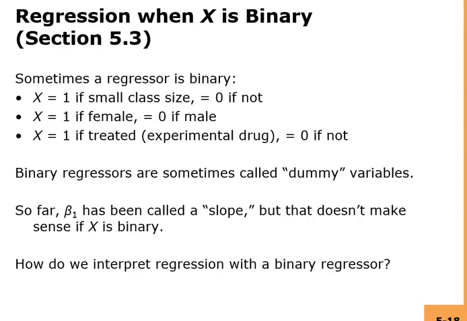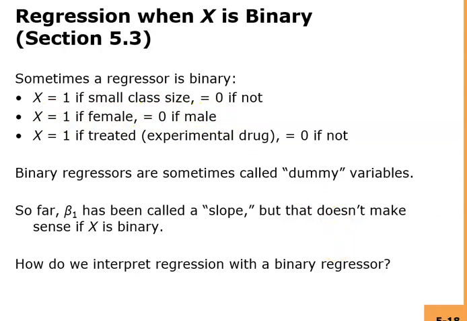What might be some examples of a binary or dummy variable? For example, if you are looking at small class size, we can say x is equal to 1 if the class size is small, and x is equal to 0 if the class size is not small. If we are taking a look at how income changes with sex, we can say x is equal to 1 if the sex is female, and x is equal to 0 if the sex is male.